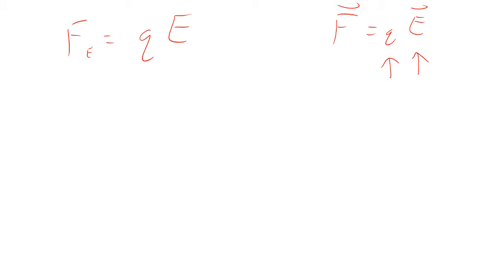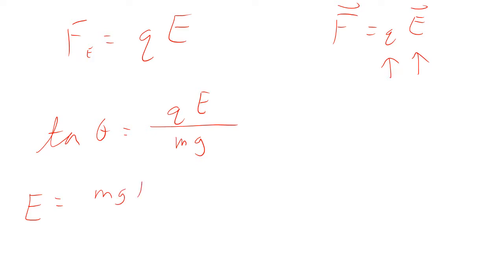Therefore, I can plug that into the equation I just had: tangent theta is going to be F sub E, so that's QE divided by mg. Well, I wanted to know how strong the electric field was, so it's really simple. I just solve this equation. So E equals mg tangent theta over q.